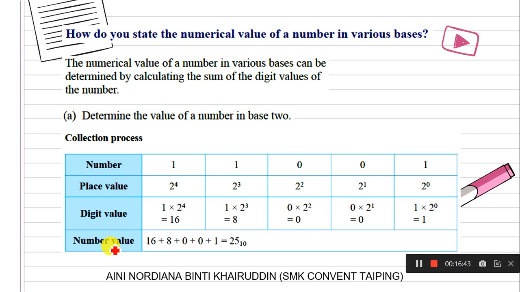Okay, for example, this is base 2. So we want to convert all of this to base 10. So we just add the digit values, 16 plus 8 plus 1. So this is actually the number of this number in base 2 to base 10.